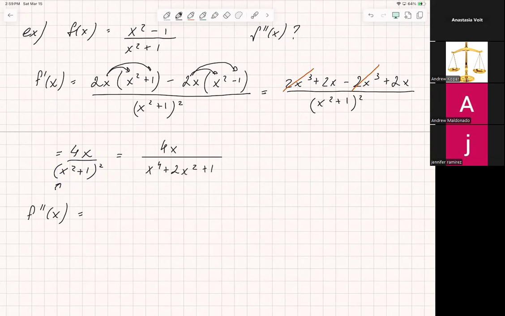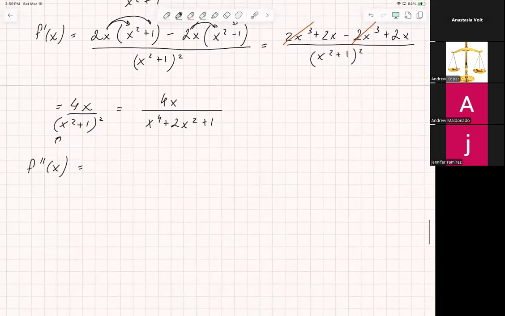Now it's a simple polynomial. We know how to find the derivative of this polynomial. So let's find the second derivative of our function. Again, derivative of the numerator times denominator minus numerator times the derivative of the denominator.